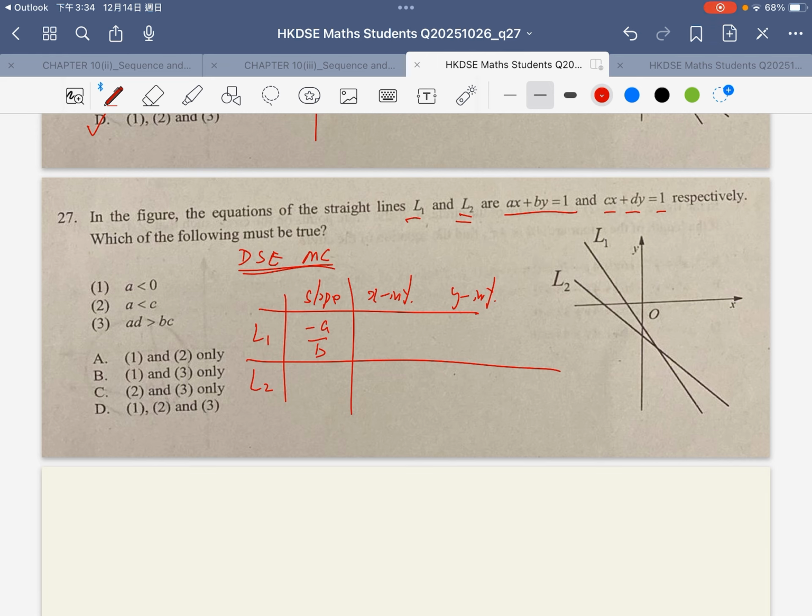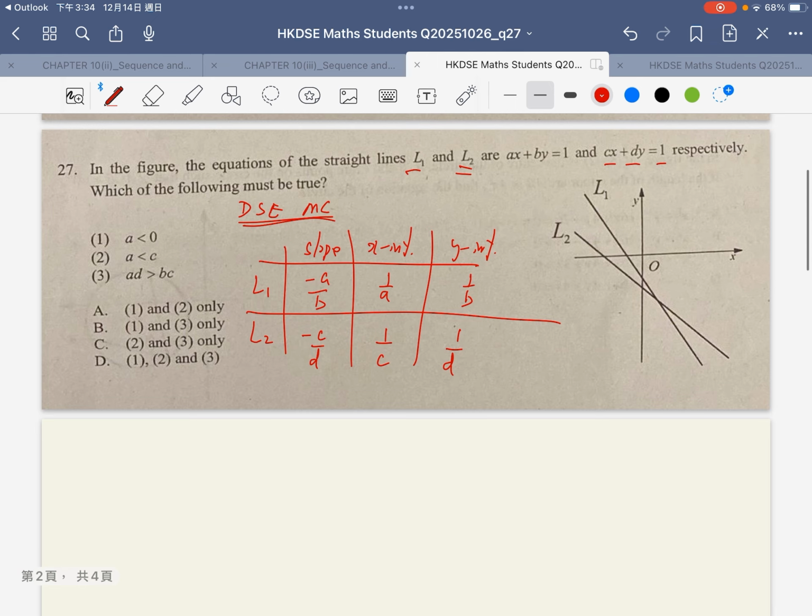The x-intercept, meaning y equal to 0, is 1 over a. The y-intercept is 1 over b. That finishes the three items for L1. For L2, they are negative c over d, 1 over c, and 1 over d.